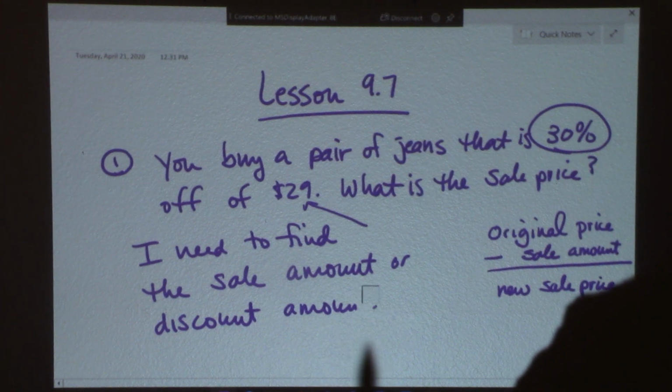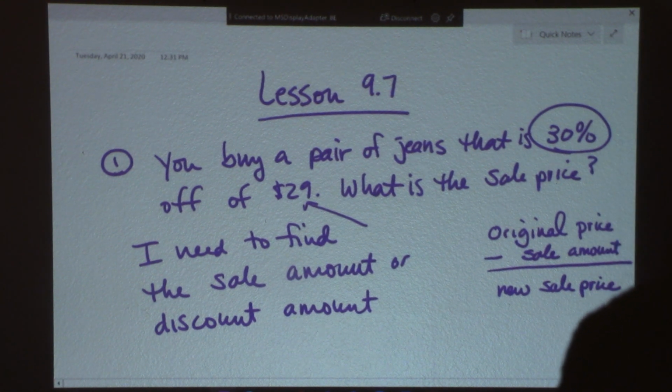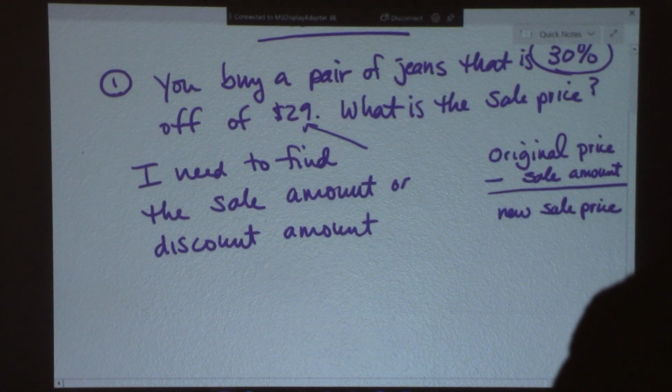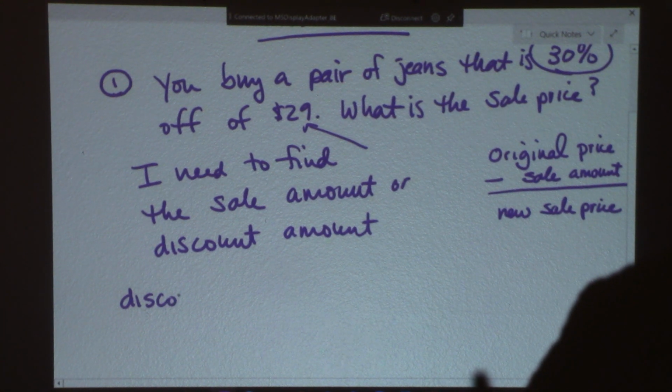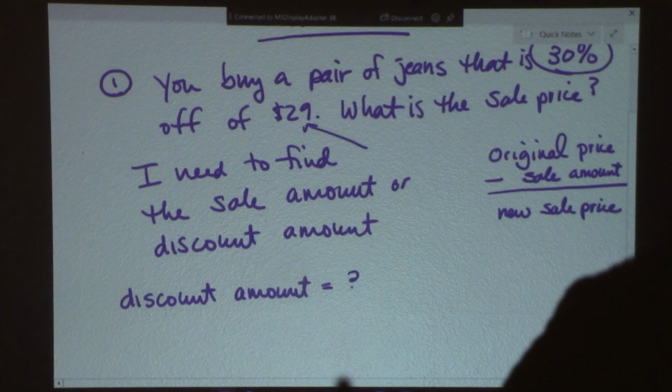Okay, so I hope you wrote that down. Okay, so we need to figure that out. What I need to know is my discount amount, which is equal to 30% of $29.